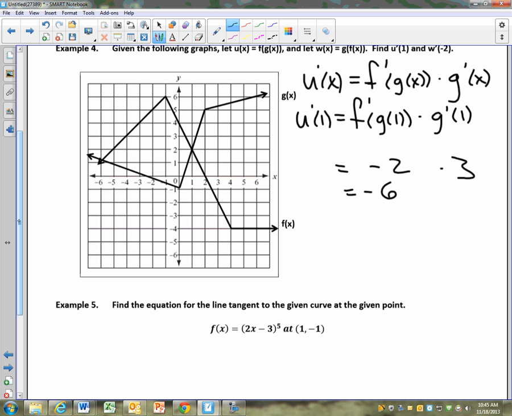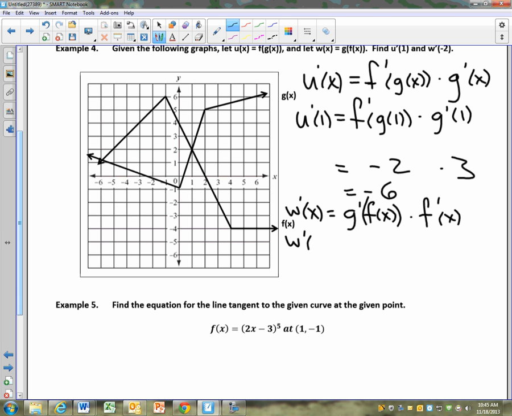Well, now we have w. How is w different? Right, so w prime of x is going to be g prime of f of x times f prime of x.